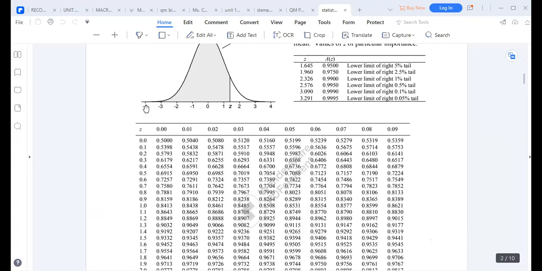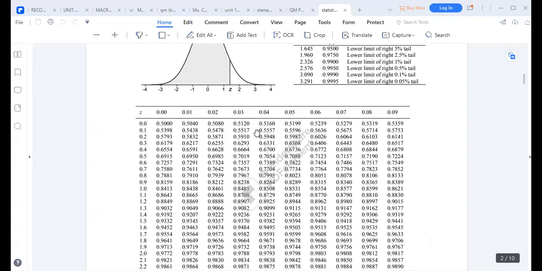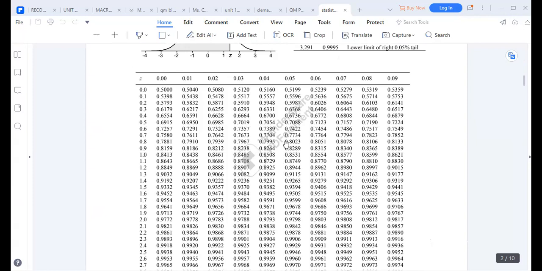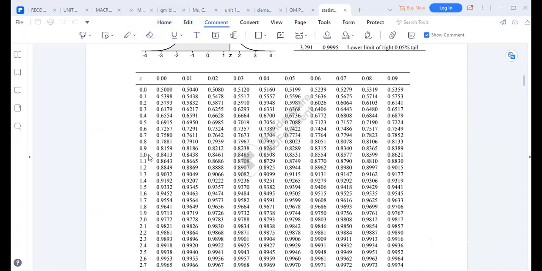So it's starting from here to here. So let's look at how to read the basic table. For instance, the reading at 1.0. So 1.0, as you can see here, 1 under 0.00, it's giving you 0.8413. So what does that mean?